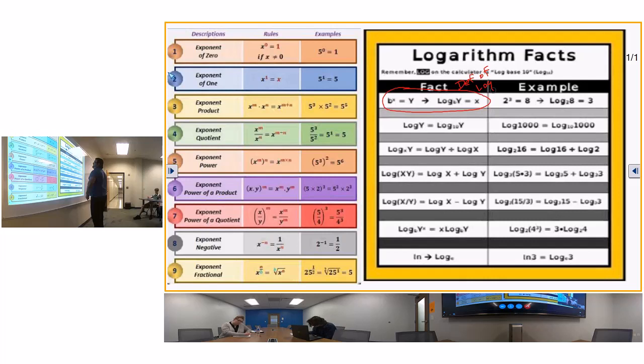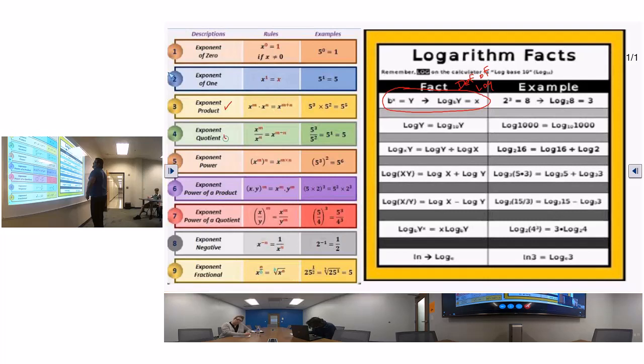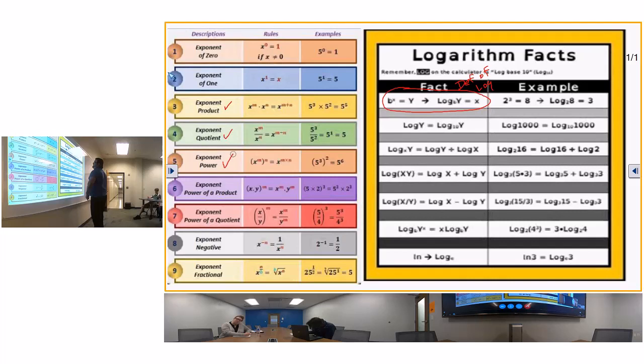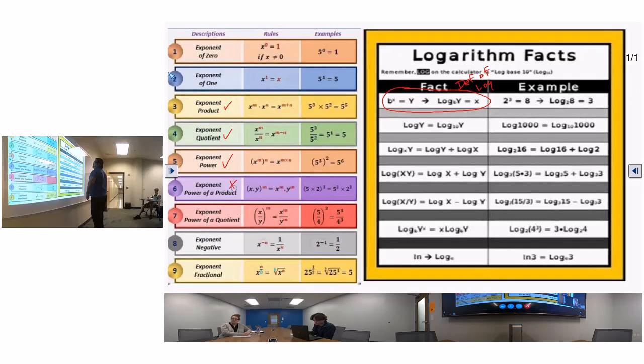Now, the product rule, the quotient rule, the power rule, that's not used very much.